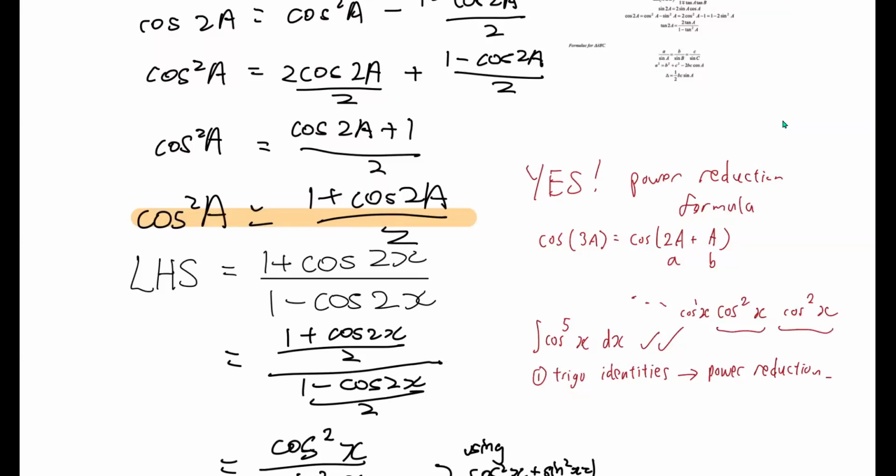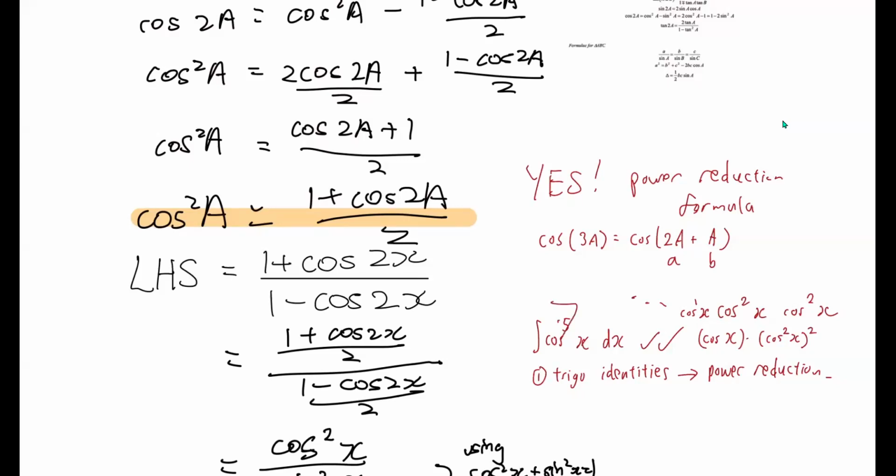Is it 2 times cos square? No. It's actually cos square whole thing square, right? So it's cosine x multiplied by, okay, I better put the brackets, cosine x multiplied by cosine x power 4, right? 1 plus 4 is 5. Or in other words, square of a square, like this. Right or not?